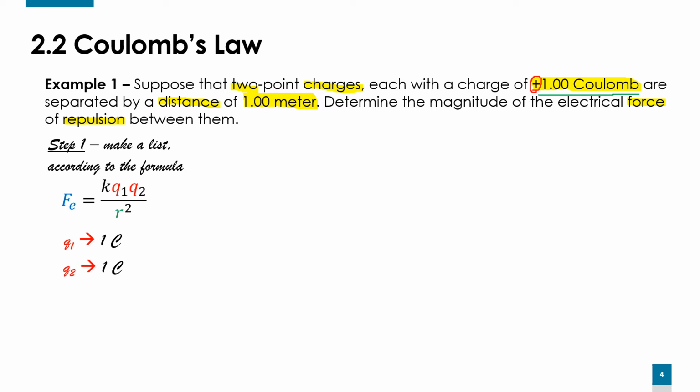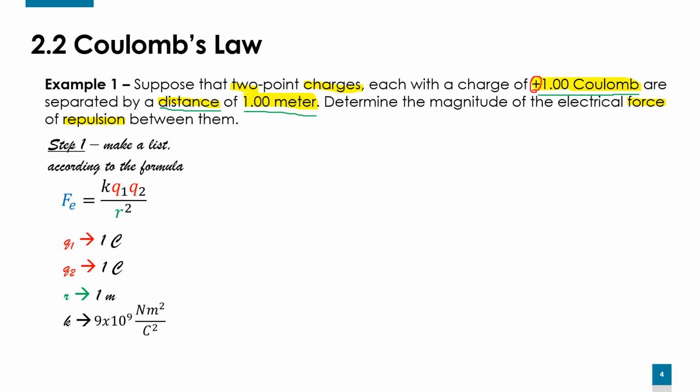What else do I have here? I have the distance of 1 meter. So I have the distance that I put as r as 1 meter. And k is not given, but it's gonna be given to you, okay, don't worry. But it's constant, it's gonna be always this number, 9 times 10 to the power of 9 newtons meter squared per coulomb squared, okay?